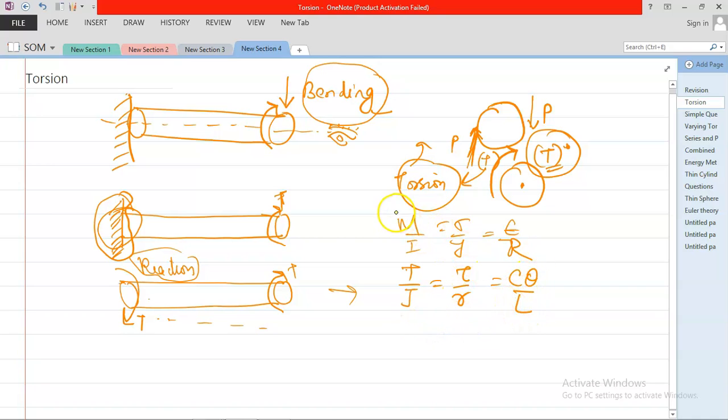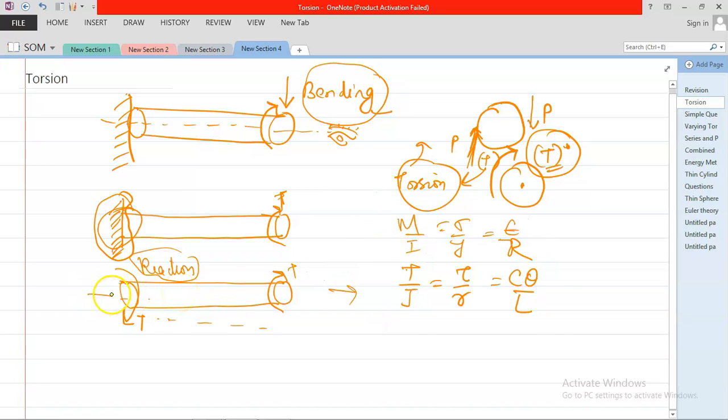Just like in bending stress I explained, let me go with it. T is the torque that is applied at the surface, J is the polar moment of inertia. In bending, I is the moment of inertia about the center line. Here also it is about the center line, but it is the polar moment of inertia. What is the polar moment of inertia?